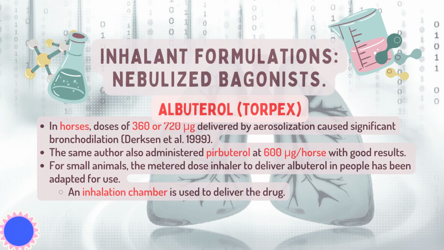In horses, doses of 360 or 720 microgram delivered by aerosolization caused significant bronchodilation. The same author has administered pirbuterol at 600 microgram per horse with good results. For small animals, the metered dose inhaler to deliver albuterol in people has been adapted for use. An inhalation chamber is used to deliver the drug.